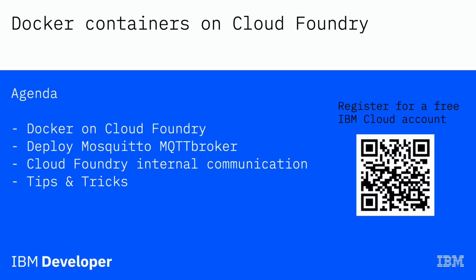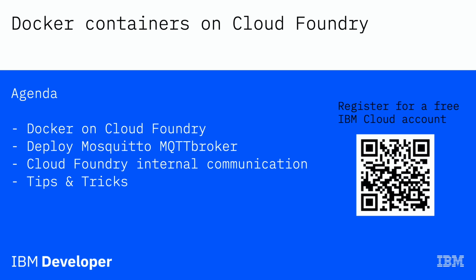After that, we will show you how to do container communication as an example from within Node-RED to communicate with the Mosquitto broker. And then in the summary, we'll show you some guidelines, tips, and tricks.